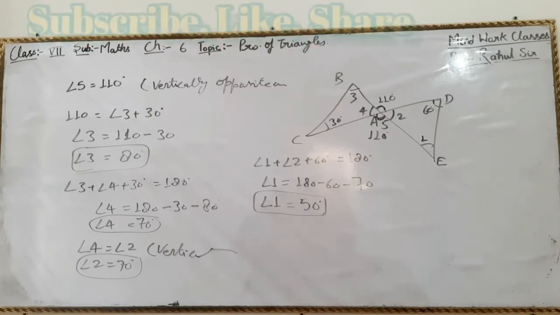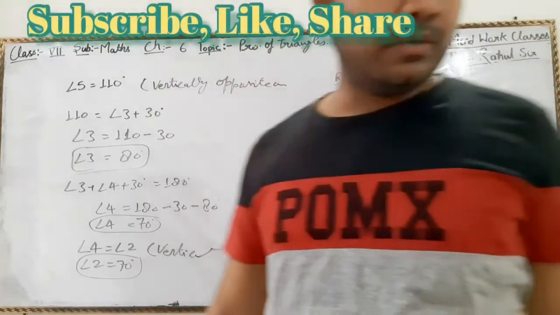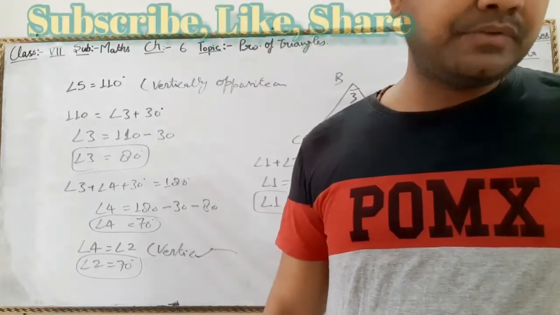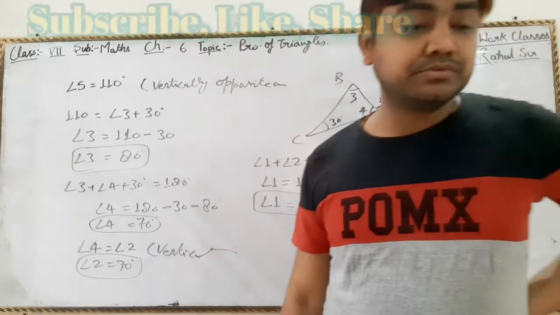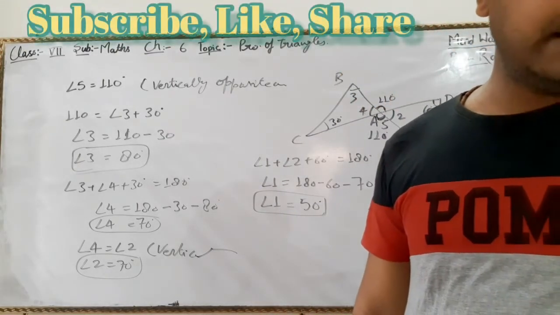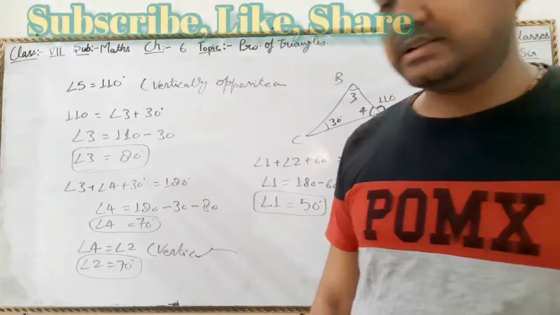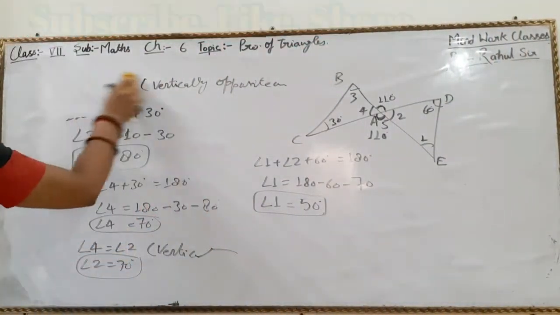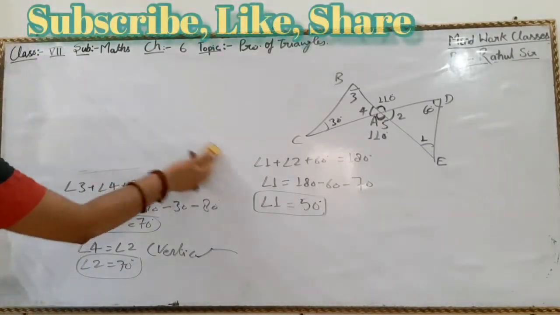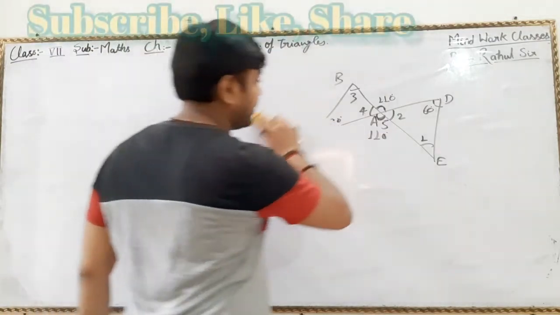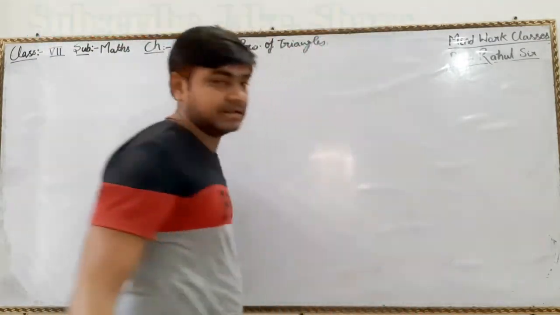Now let's come to the question number 18. What does it say? If the ratio of the sides of a triangle is given 2:3:4 and the shortest side is 4 cm, find the length of the other two sides. The length of the shortest side is given, and we have to find out the length of the other two sides.